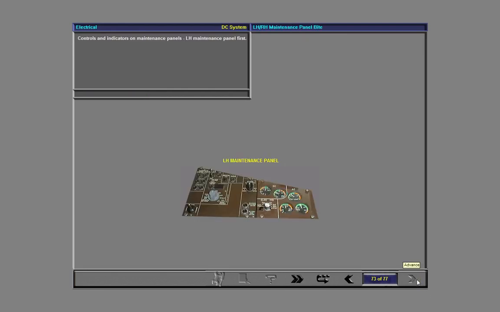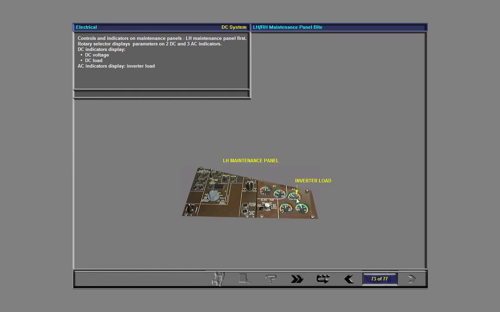Finally, in this lesson we will describe the electrical system controls and indicators located on the maintenance panels. A rotary selector on the left-hand maintenance panel enables various parameters to be displayed on the 2 DC and 3 AC indicators. The DC indicators display DC voltage and DC load.